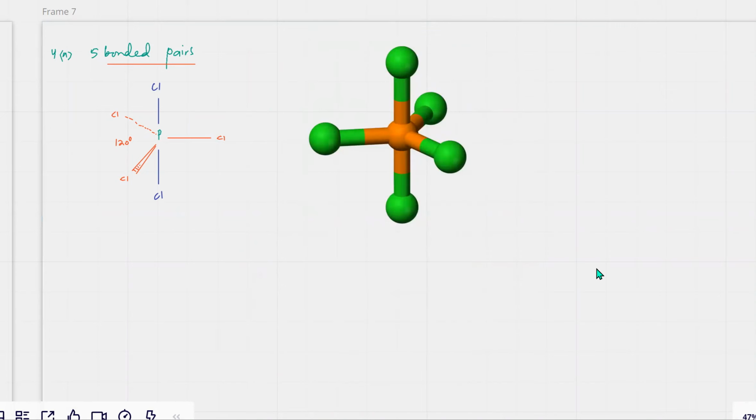So this shape over here, it's like a fan in the middle and 1 Cl sticking on top of it and 1 Cl sticking at the bottom of it.